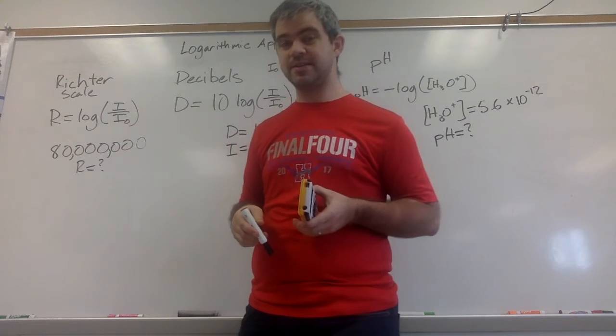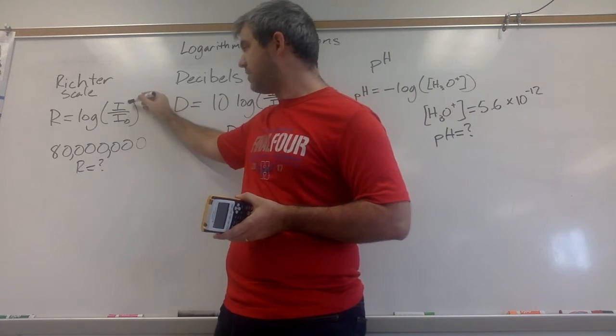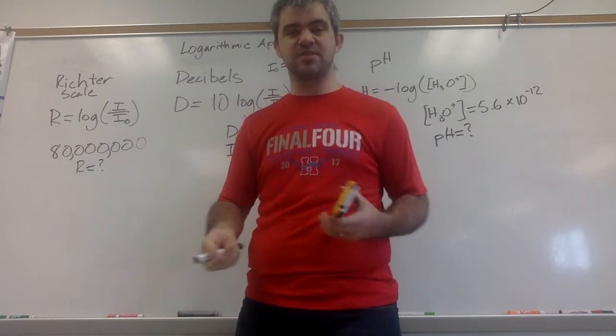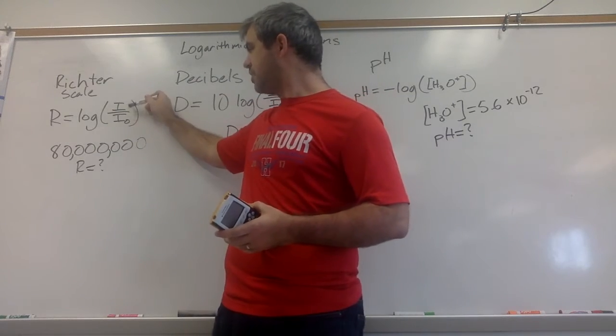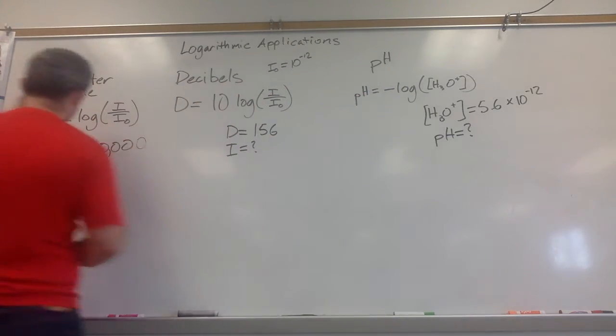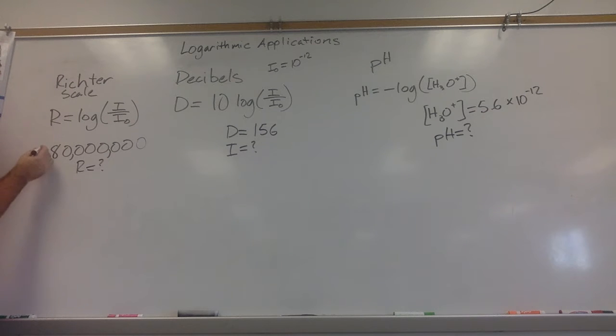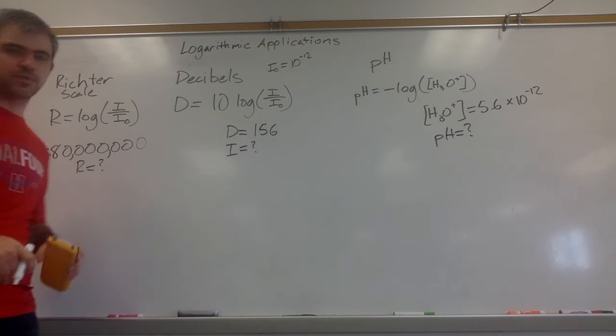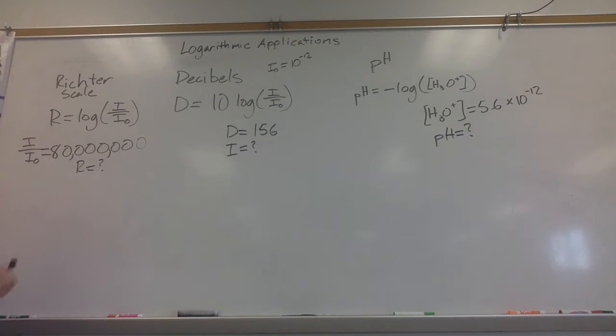But what it is, it's the ratio of the intensity. If we say it's 80 million times more, then that's the ratio. So basically what they've given us here is this ratio. So instead of giving us this, they went ahead and gave us the ratio. So we can plug this right in.